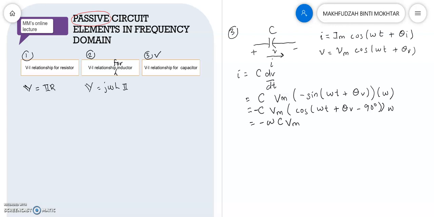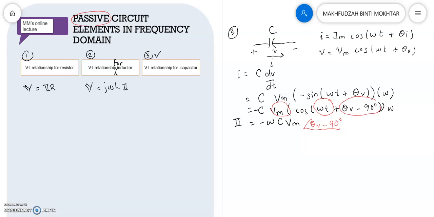Alright, now if I want to do a phasor transform, I will have this capital I as a phasor, and the cosine(omega t plus theta V minus 90 degrees) can be defined by the Vm and the phase angle, so it is given by Vm with theta V minus 90 degrees.